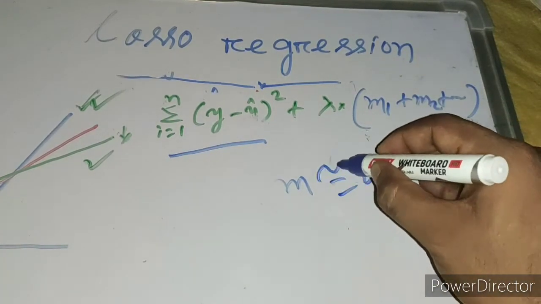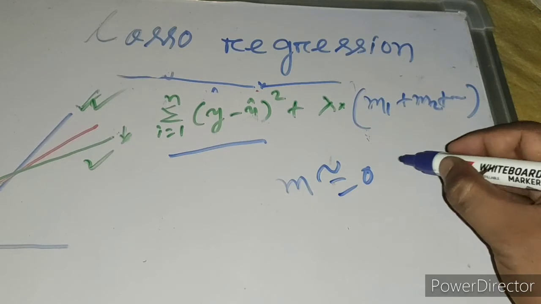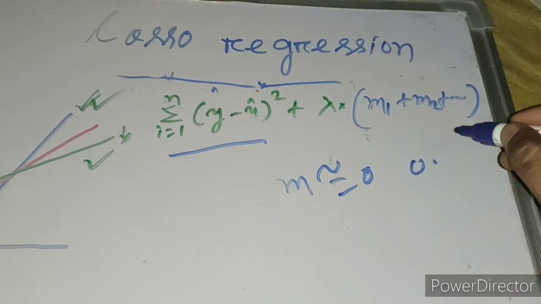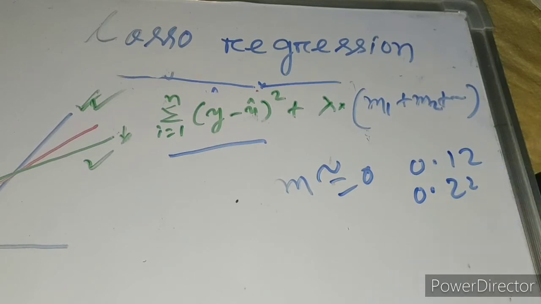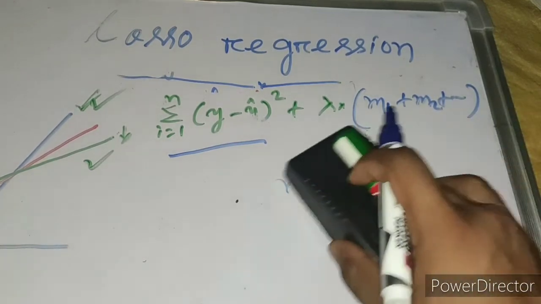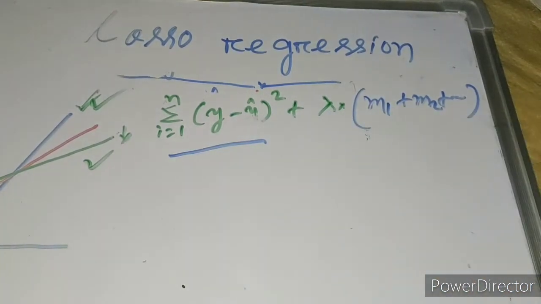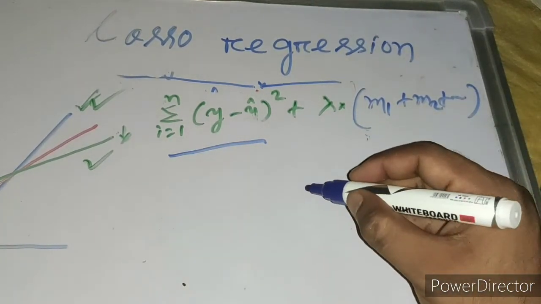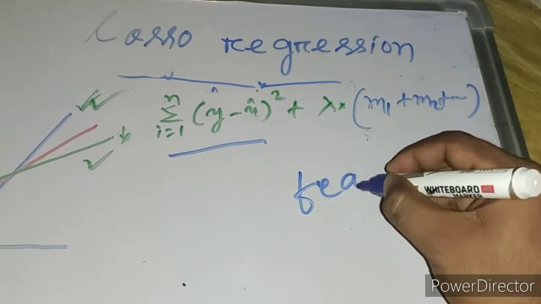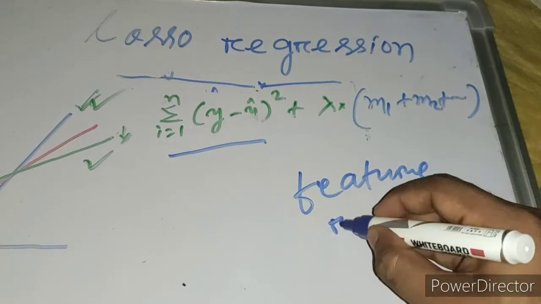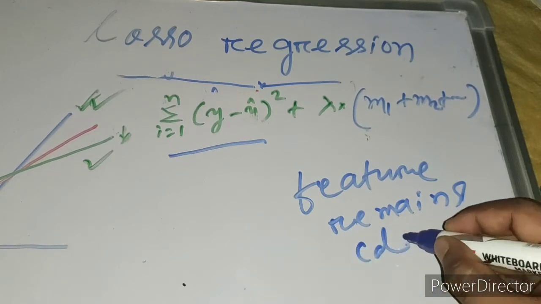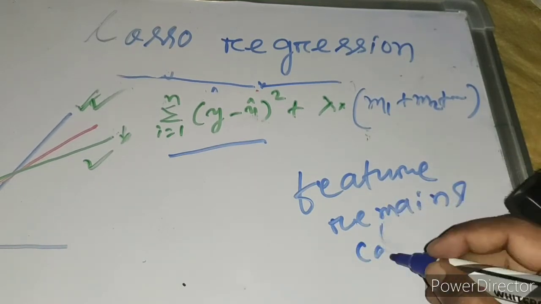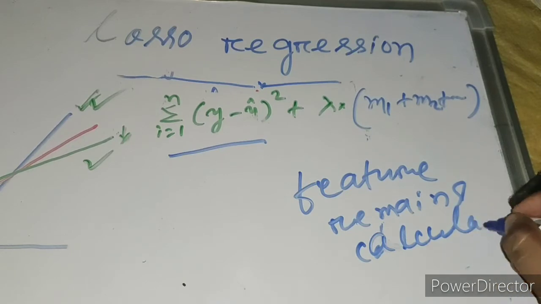It is somehow equivalent to 0, or the value is nearer to 0, like 0.01, 0.12, 0.23, but it is never equal to 0. As the m value is not equal to 0, the feature remains in the calculation.